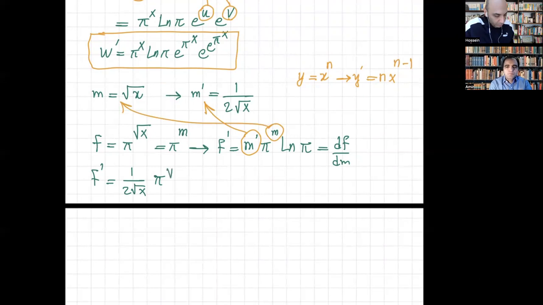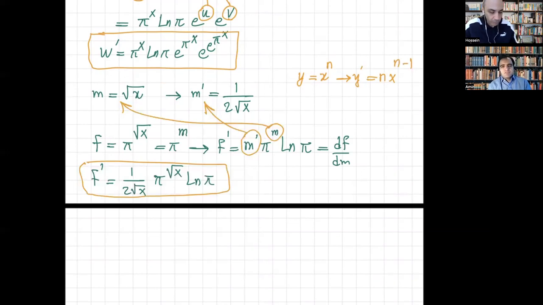So pi to the square root of x ln of pi. And this is the derivative of the denominator. And the derivative of the numerator is w prime, which is dw over dx, and here I have df over dx.